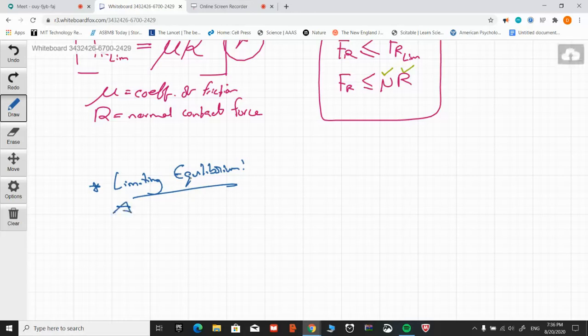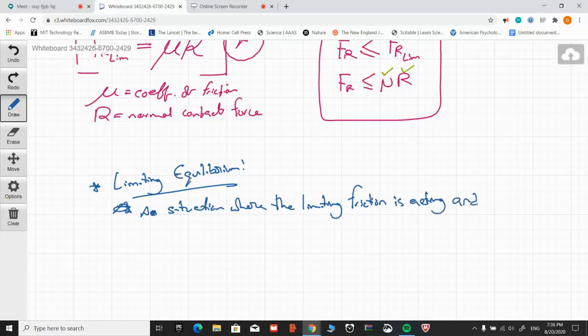Limiting equilibrium is a situation where the maximum possible friction, or limiting friction, is acting and all the forces on the object or the particle are balanced.